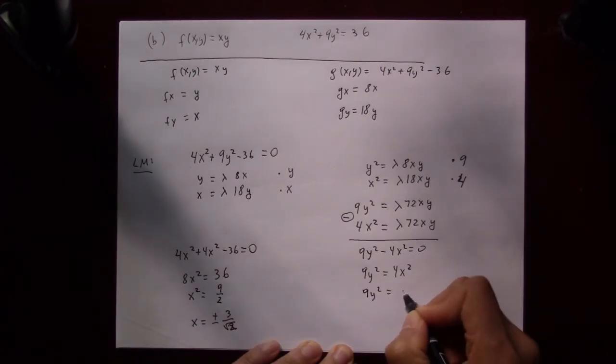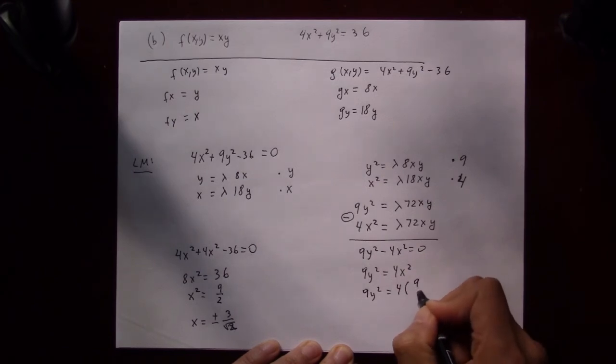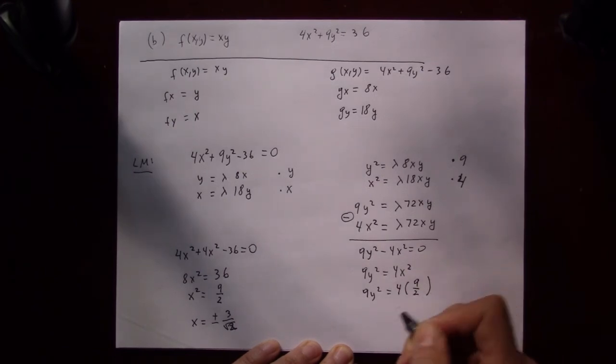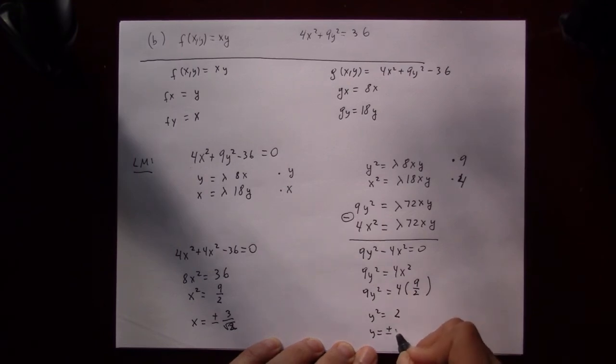9y squared equals 4x squared, and x squared equals 9 over 2. So y squared equals 2. So y equals plus or minus root of 2.